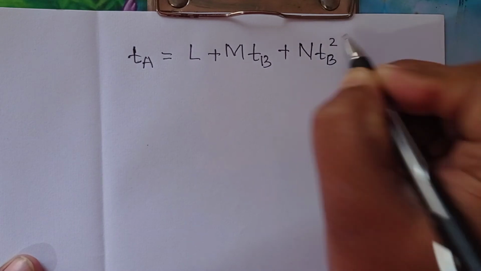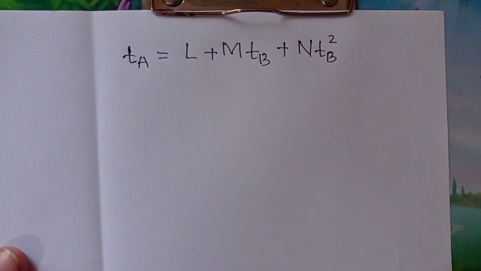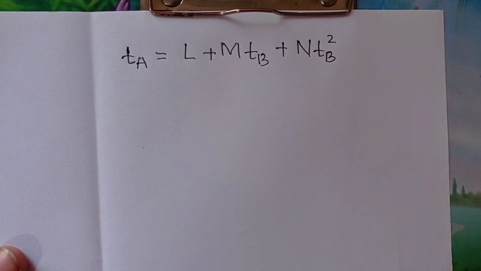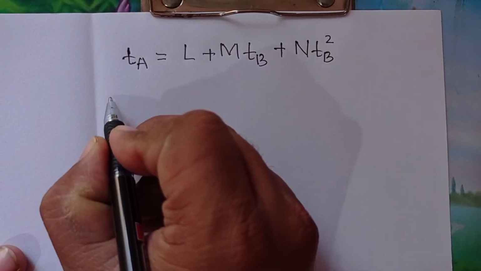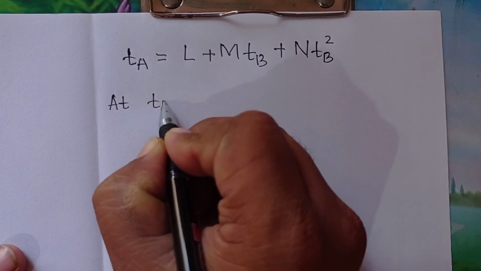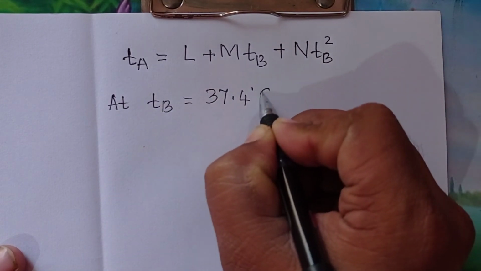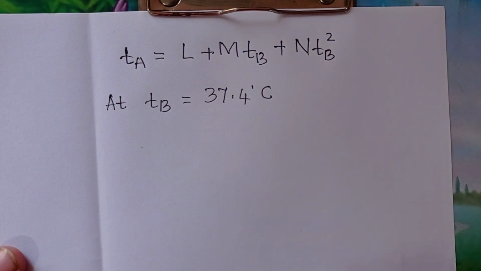This is the governing equation, I know, and I have got the value of L as 0, n is minus 5.33 into 10 to the power minus 4, and m just now I have calculated, it is 1.0533. So now to this governing equation, at Tb is equal to 37.4 degree centigrade.